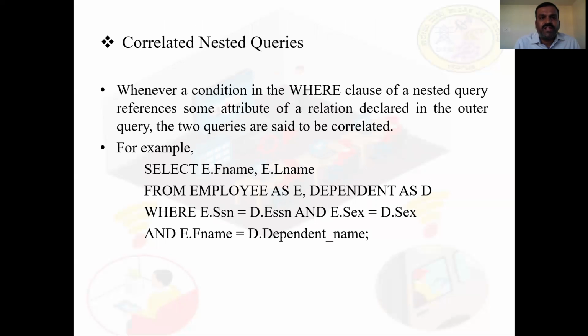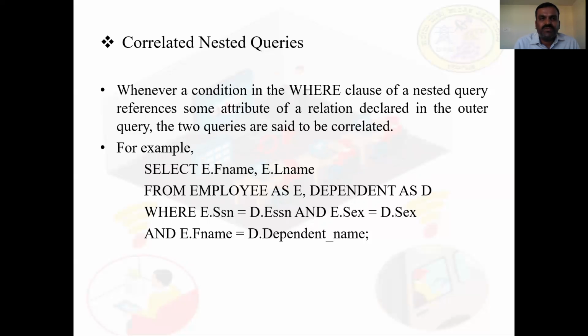Next, correlated nested queries. Whenever a condition in the where clause of a nested query references some attribute of a relation declared in the outer query, the two queries are said to be correlated.